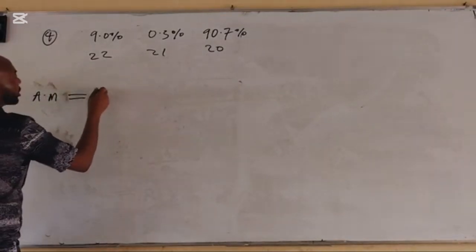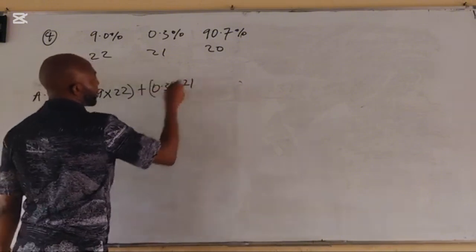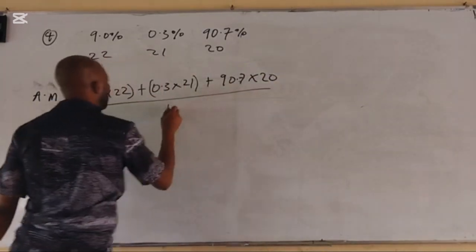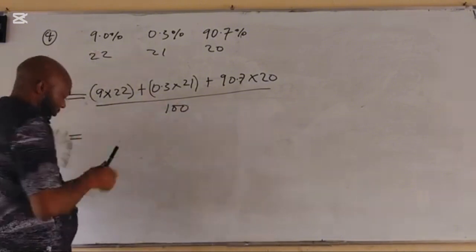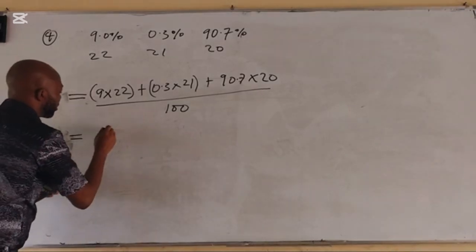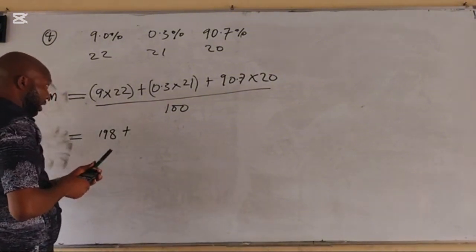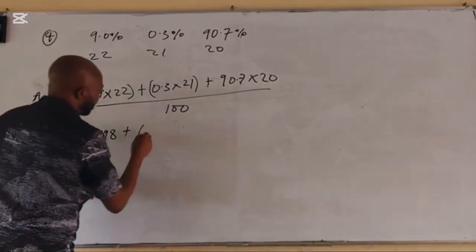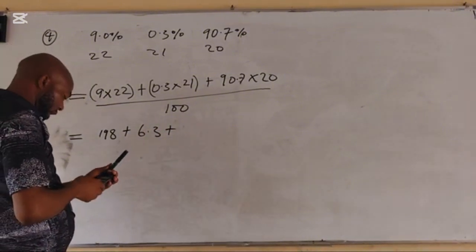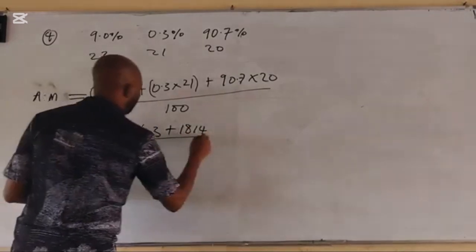So the atomic mass of X is equal to 9 times 22 plus 0.3 times 21 plus 90.7 times 20, all over 100. 9 times 22 is 198, plus 0.3 times 21, which is 6.3, plus 90.7 times 20, which is 1814, all over 100.